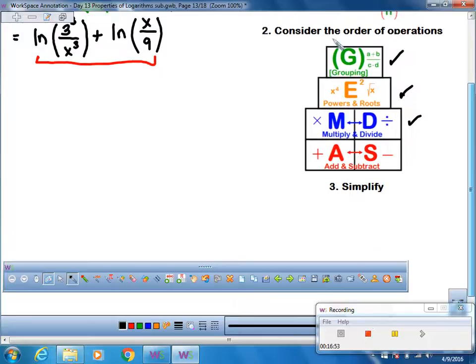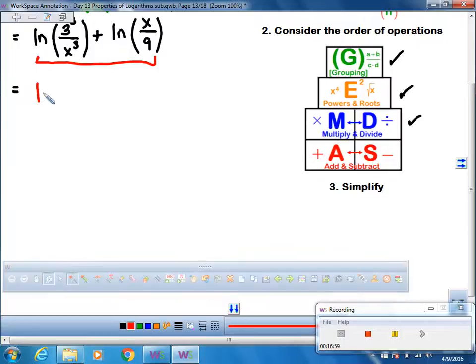One quick second. There we go. Okay, so natural log. Three cubed is 27 over x cubed times x divided by 9.